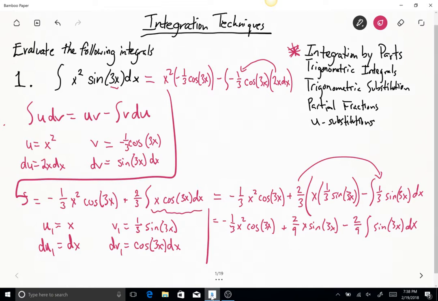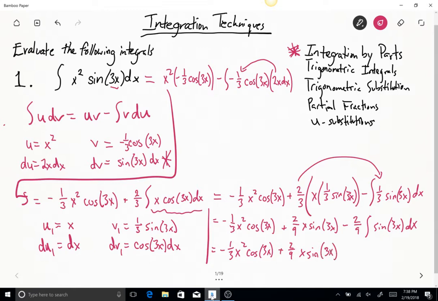dx. But if you recall, I'll mark it right here, we had a dv equaling sine of 3x dx. We already got that integral. That antiderivative is negative 1/3 cosine 3x. So this thing equals negative 1/3 x squared cosine of 3x plus 2/9 x sine of 3x.